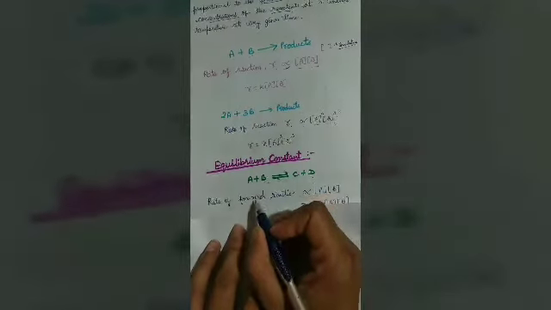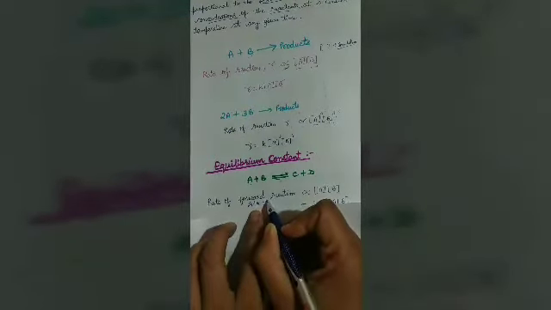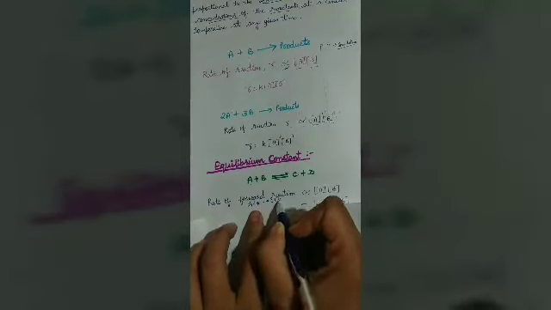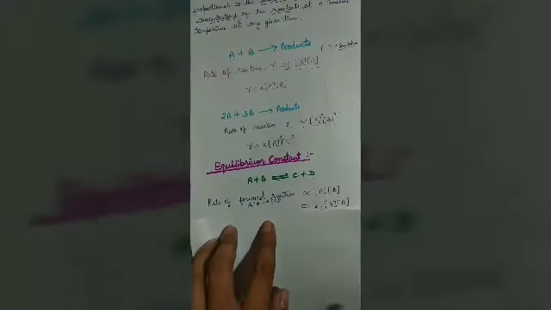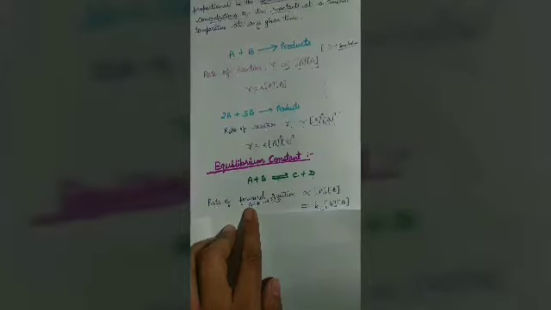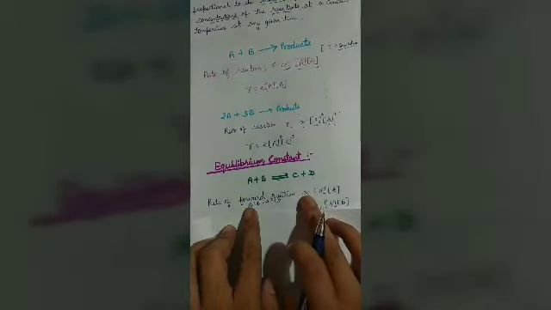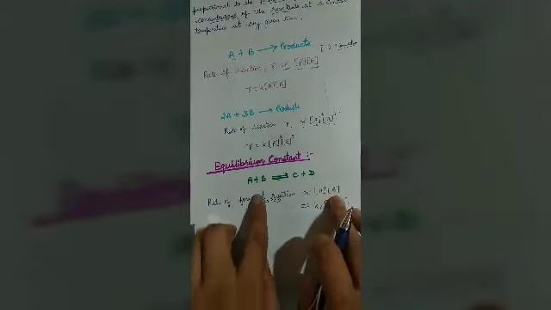For simplicity, if I write the forward reaction, our forward reaction is A plus B producing C plus D. So for the forward reaction, according to the law of mass action, what will be the rate? The rate will be directly proportional to the product of molar concentration of the reactants.